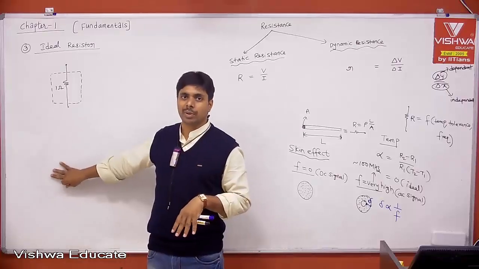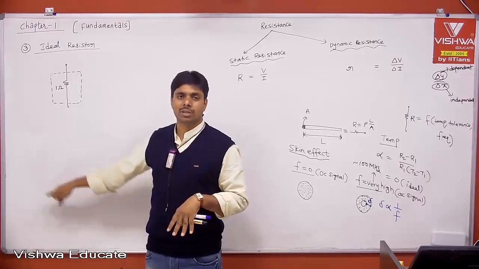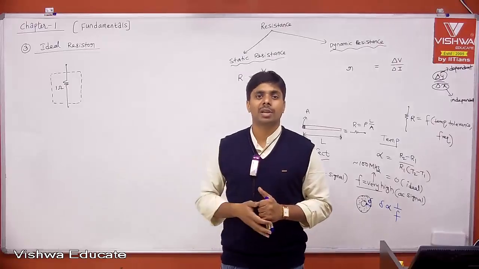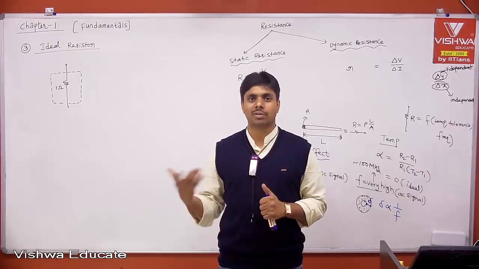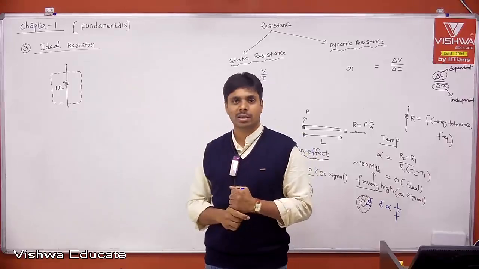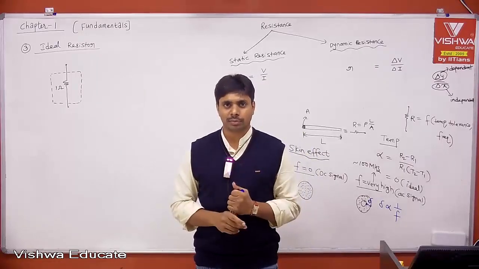Currently in the experiment, I am just taking DC voltage versus DC current, but even though it has some AC frequency also, it is independent of the frequency of the signal with which you are trying to excite the resistor, or DUT, device under test. That is what we are trying to characterize. I hope everyone understood.